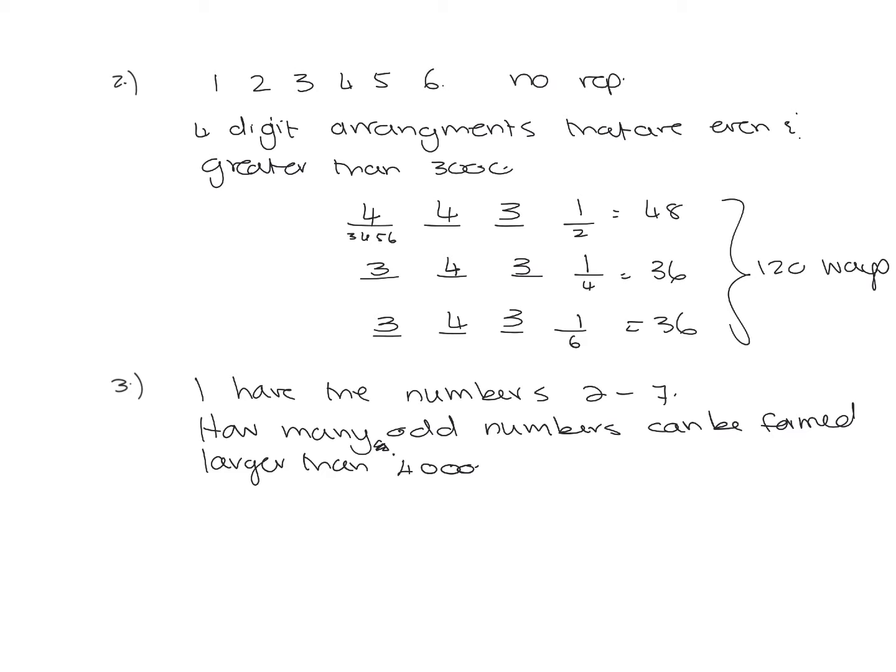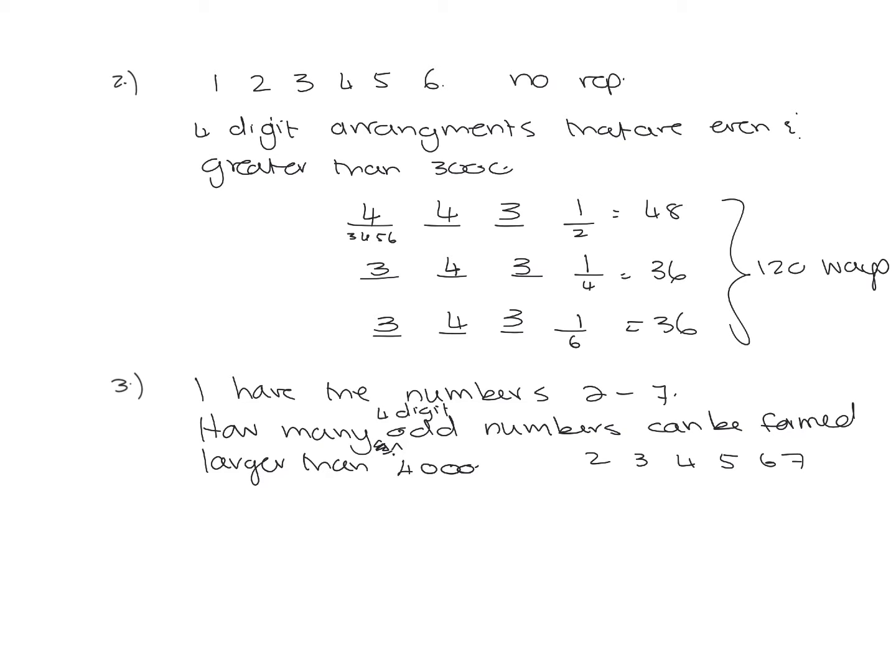Okay, so we've got the numbers 2, so how many 4-digit odd numbers can be formed larger than 4,000?